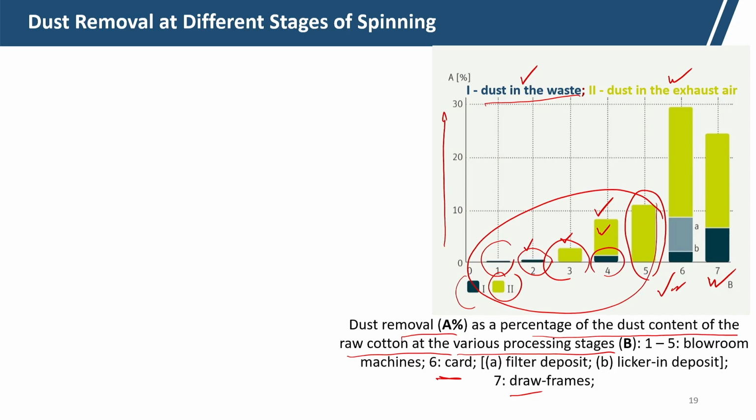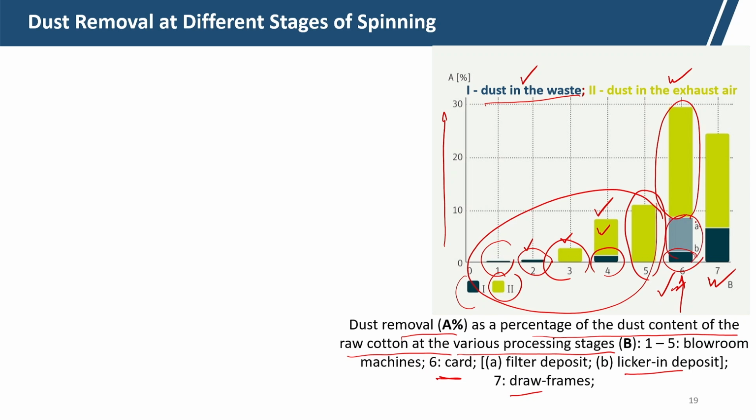Okay. And similarly, if you see in the carding, this is the card waste, and then the majority is going in the fine dust exhaust air. Here again the filter deposit and liquorine deposits are there.